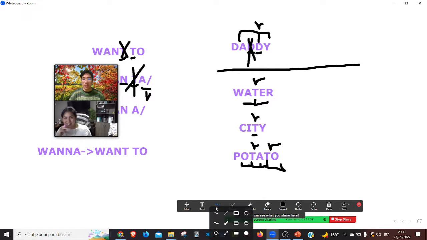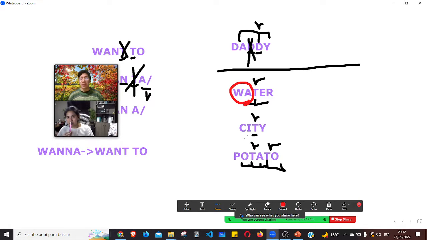Okay? Focus on this part. When you say water or watered, what is correct? The first one. You say city or city or city. City, the first one.